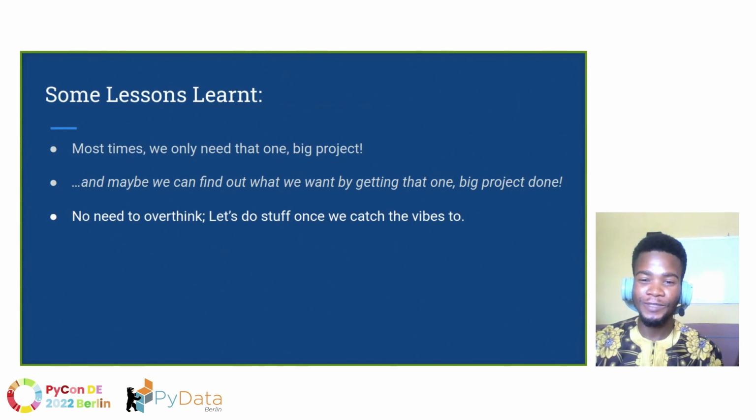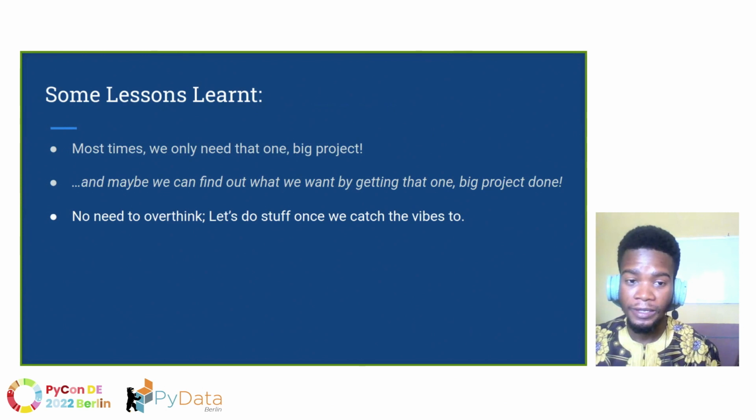Let's do stuff once we have the right to do that. For one, when I started the project, I wanted to get into research. That was why I got started, right? And then when I finished the project, that was when I saw this chart by one of the more prominent researchers in the US right now.